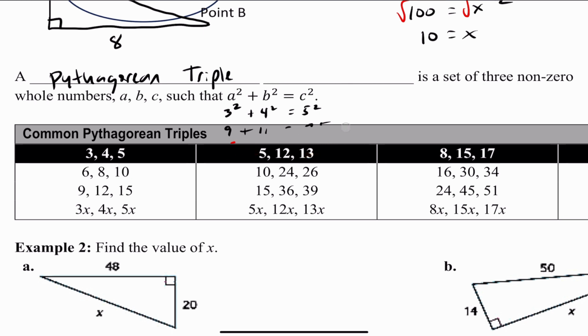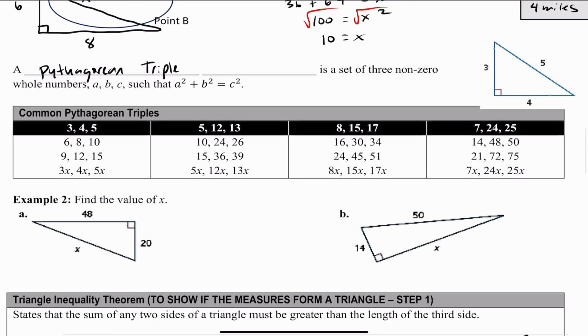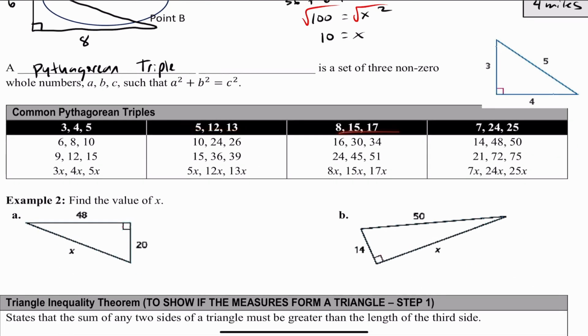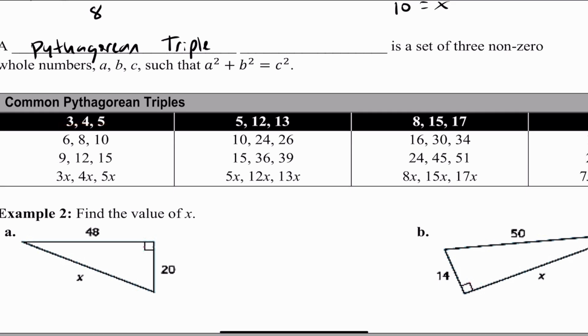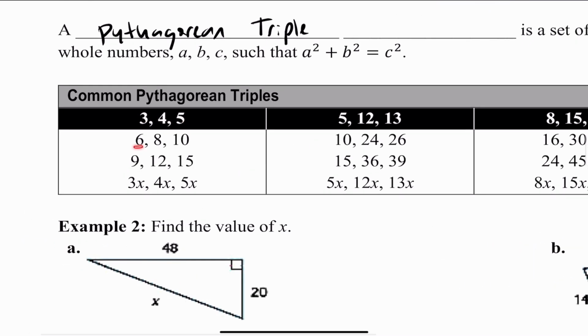And that also works for 5, 12, 13; 8, 15, 17; and 7, 24, 25. You can go ahead and plug those into the Pythagorean theorem to see if the left-hand side agrees with the right-hand side. Okay, so if I have 3, 4, 5, and I double that, that's going to be 6, 8, and 10. This is a triple, and it works. If I take my original triple, 3, 4, 5, and I triple that, I get 9, 12, 15, and the left-hand side should equal the right-hand side.